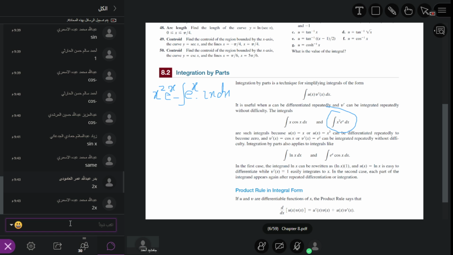Now here 2 is a constant. It will go outside. Thus we get x square e power x minus 2.